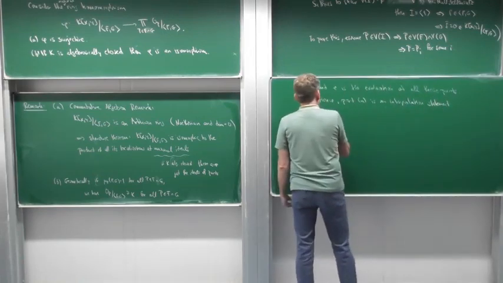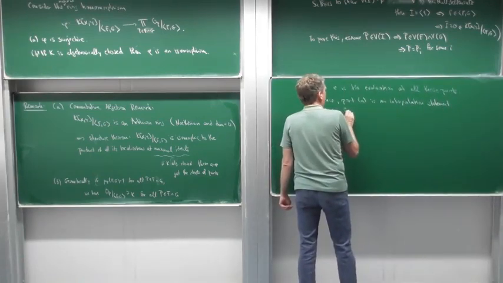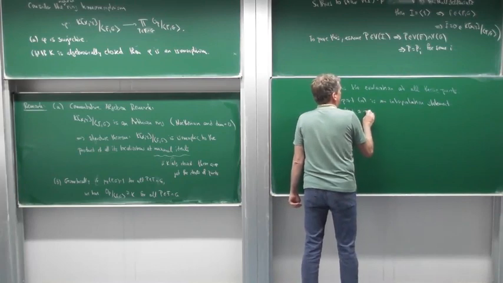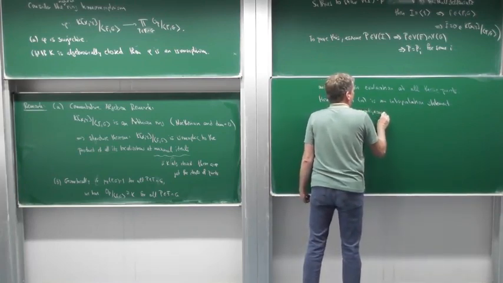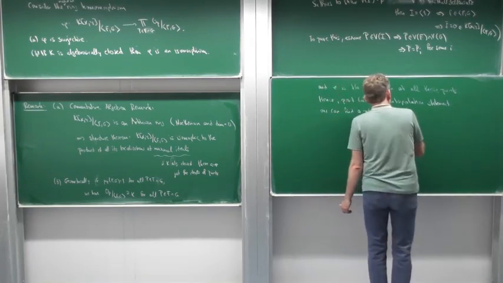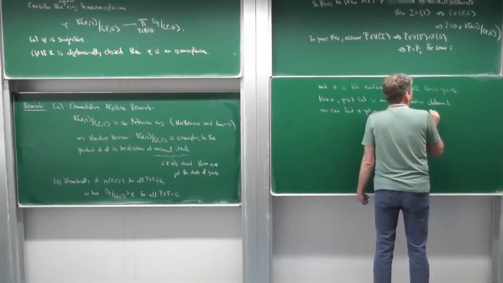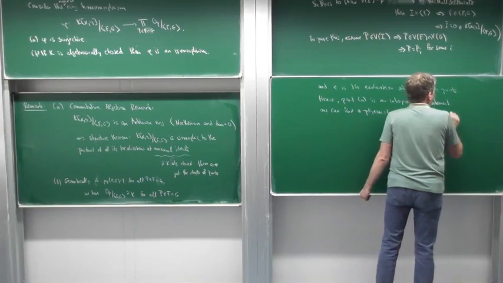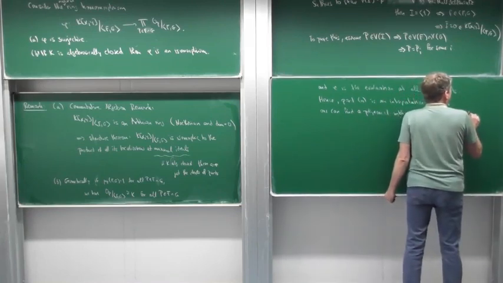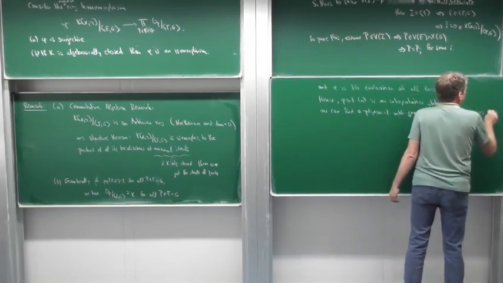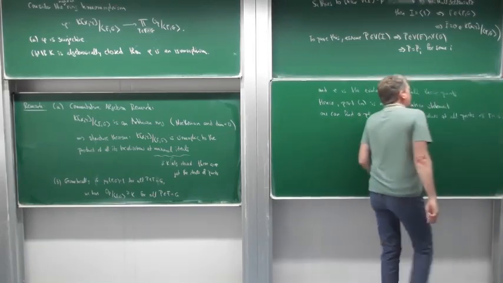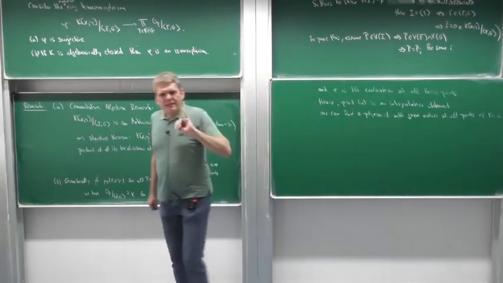Namely, one can find a polynomial with given values at all points of f intersect g. That is if all the intersection multiplicities are 1, right?